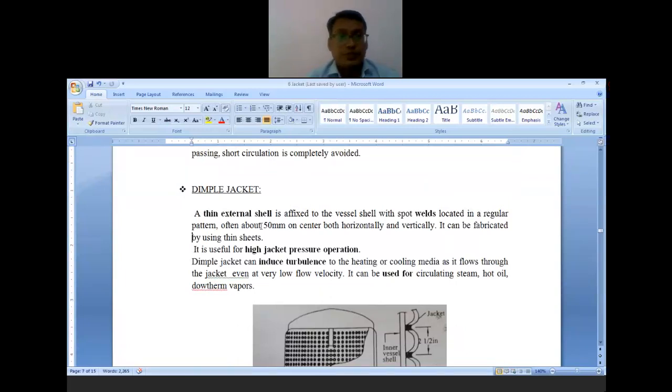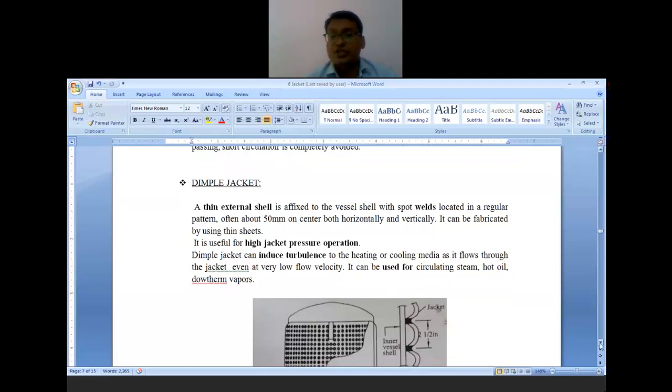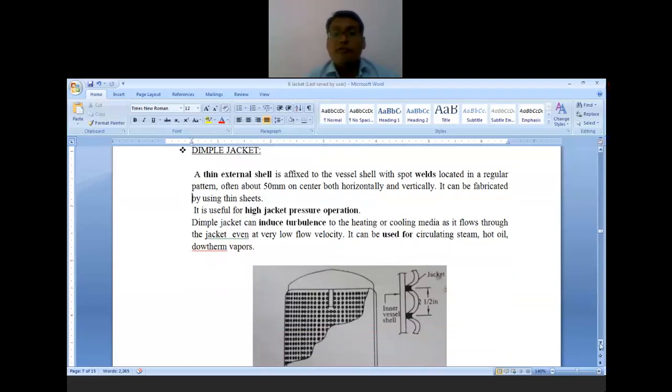Then the third one is a dimple jacket. A thin external shell is affixed to the vessel shell with spot welds located in a regular pattern. That means, look at this figure. You can see the certain welding to the vessel, like pimples.